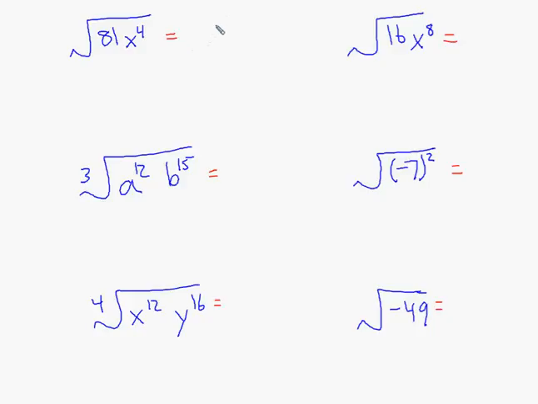What do we get for the first one? 6x squared. No, 9x squared. 9x squared. Yes. So when we prime factorize that 81, we would get 3 to the 4th, which gives us 3 squared x squared, which gives us that.